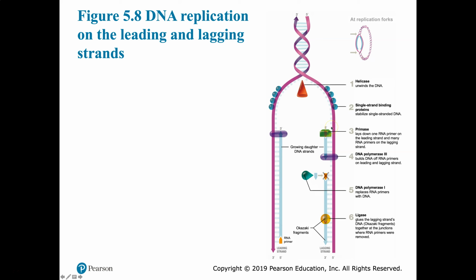It opens the DNA, and there's a strand here, there's a strand here, and there's a lot of stuff going on. There are a lot of enzymes that are getting involved in this process.